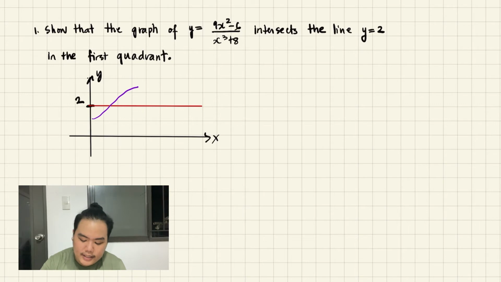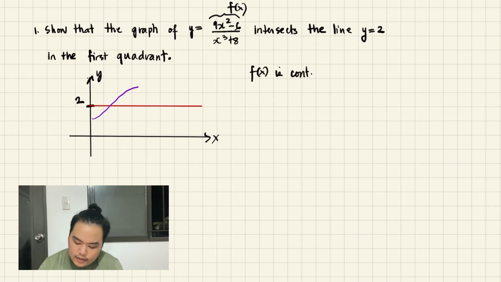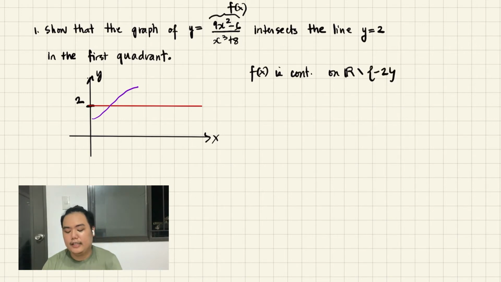So, sabihin natin, let's say this is your f of x. F of x is continuous on the set of reals minus yung negative 2 kanina. Hindi siya continuous sa negative 2 kasi rational function siya. Try nga natin, ano si f of 0? F of 0, if you plug that into your function, yung negative 6 over 8.